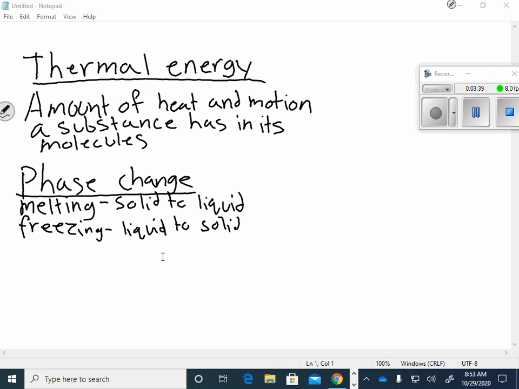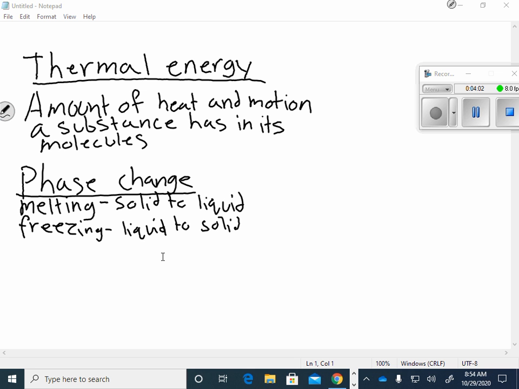Then as we have water gaining thermal energy, this heater right here is giving the water thermal energy. In this cup, thermal energy is being added from the room. So the room is warmer than the ice, and thermal energy always flows to anything that's colder, anything that has less thermal energy.